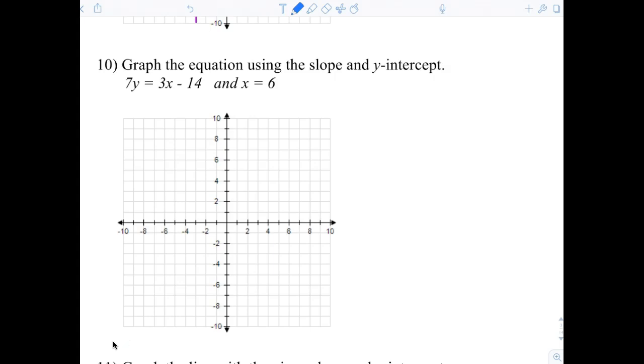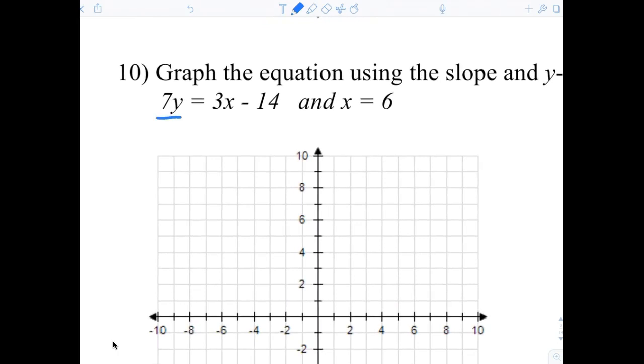All right. So first and foremost, as we learned last week, in order to graph using the slope and y-intercept, you have to solve for y. Right here, guys, look at me. The problem is there's a 7 in the way here. So I have to divide the equation by 7.